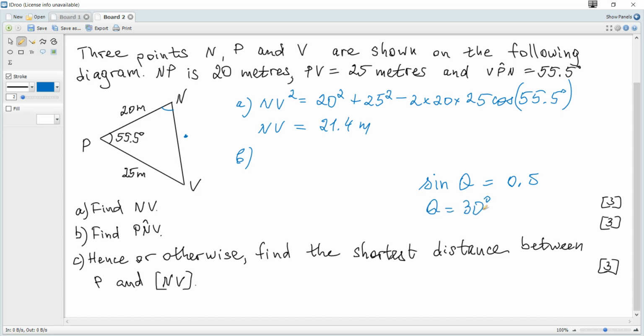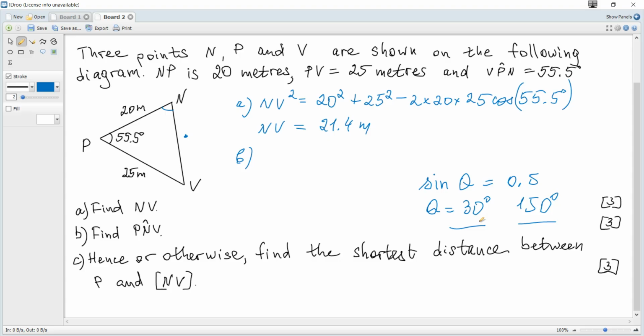But for triangles, there is another possible solution, which is 180 minus 30, that is 150. It's because for triangles, possible angles are from 0 to 180, and the sine of theta and the sine of 180 minus theta are the same. So there may be two possible solutions, and then how to choose the correct solution.